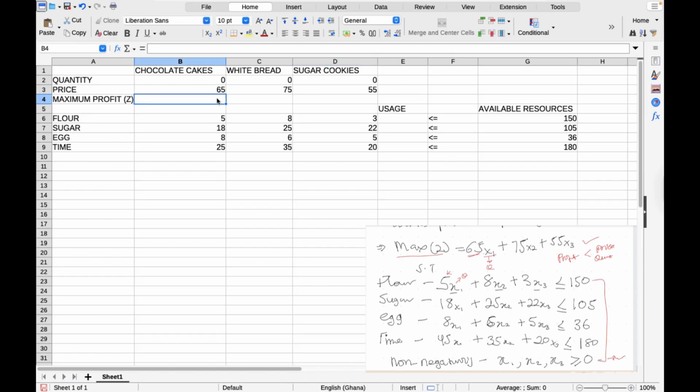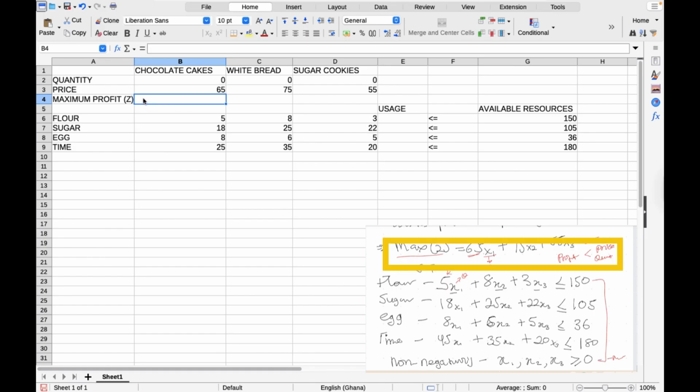So we say our decision variables, our maximum profit. We came with a formula, or the equation was 65 multiplied by this variable plus 75 multiplied by this variable plus 55 multiplied by this variable.